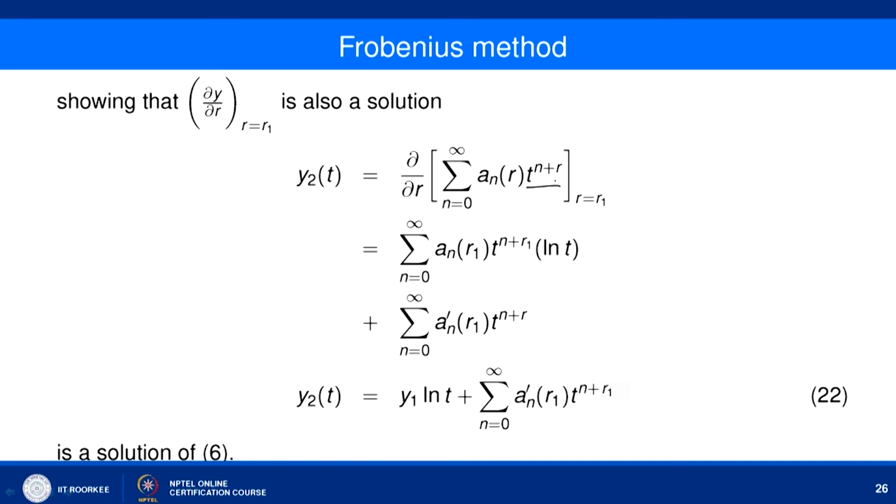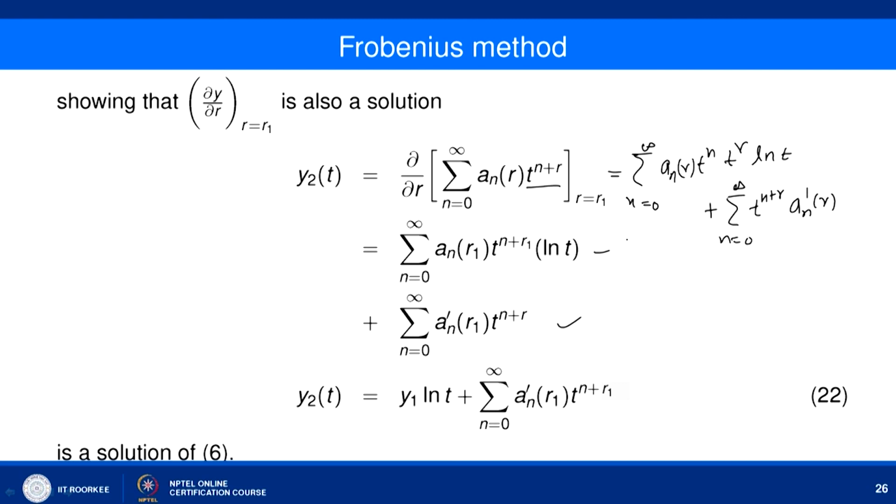Here I am just differentiating t^(n+r). So we are getting t^(n+r1) ln t, and then we differentiate an(r), so we get the sum of an'(r1) t^(n+r). So you write this as the sum of an(r) t^n, taking it out and differentiating t^r, which means t^r ln t, plus the sum of t^(n+r) as it is, then differentiate an, that is an'(r). That is what we are writing here.